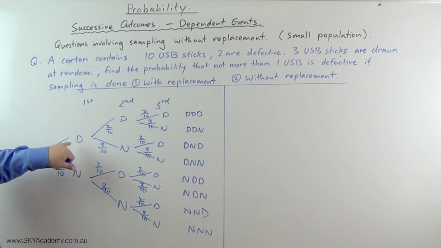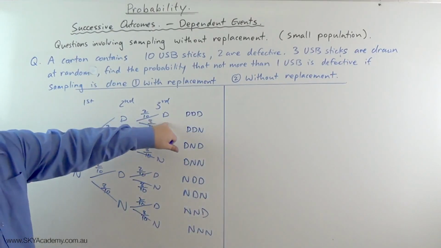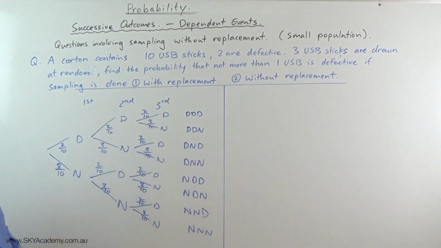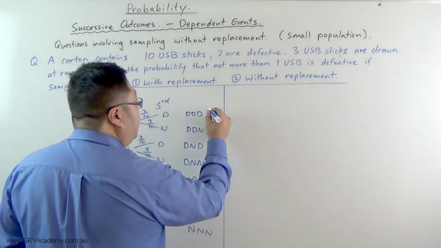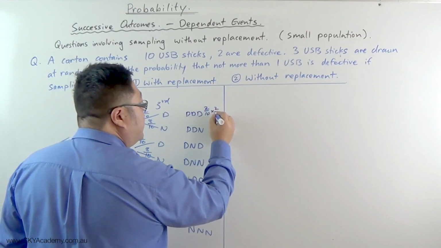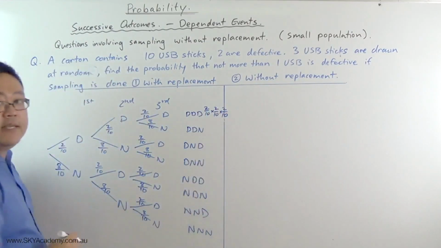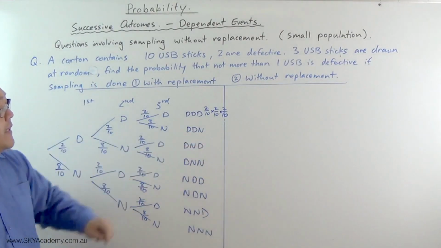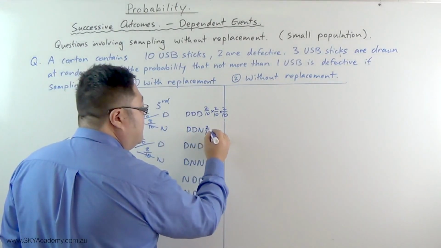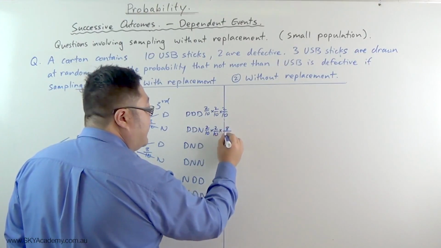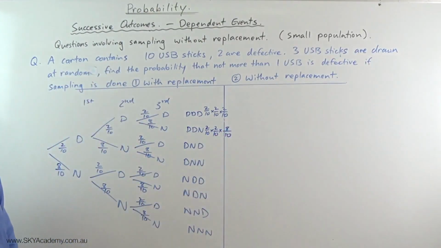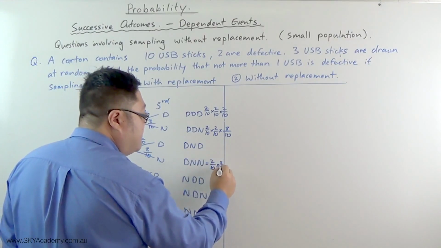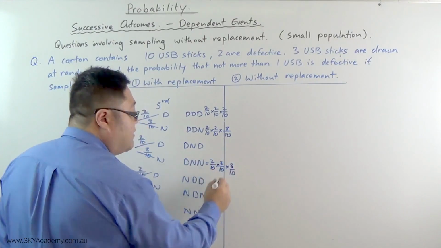So the probability of choosing a defective USB 3 times is going to be 2 out of 10 times 2 out of 10 times 2 out of 10. Does that make sense? The probability of choosing a defective, defective, non-defective will be 2 out of 10, 2 out of 10, and 8 out of 10. Does that make sense? Let's do this one. It'll be 2 out of 10 times 8 out of 10 times 8 out of 10. Got it?